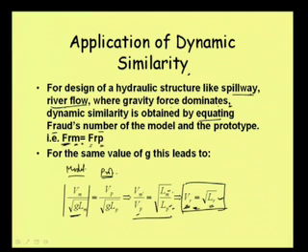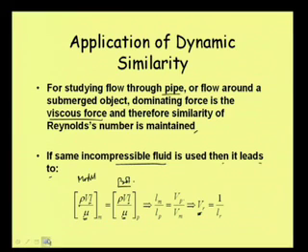So, say V m by V p we call V r and L m by L p the length ratio. Here what we can say is L m by L p is the length ratio, V p by V m is the inverse of the velocity ratio. That means velocity and length ratio are numerically the same in value, but one is the reciprocal of the other.